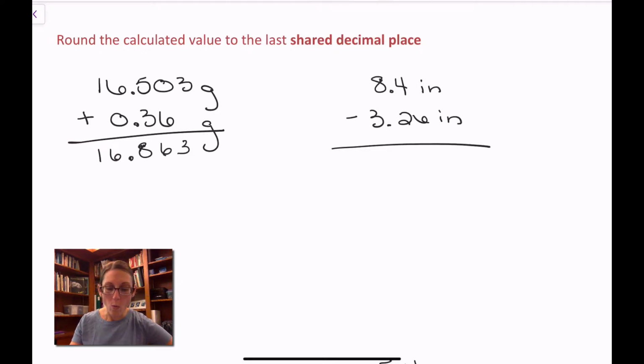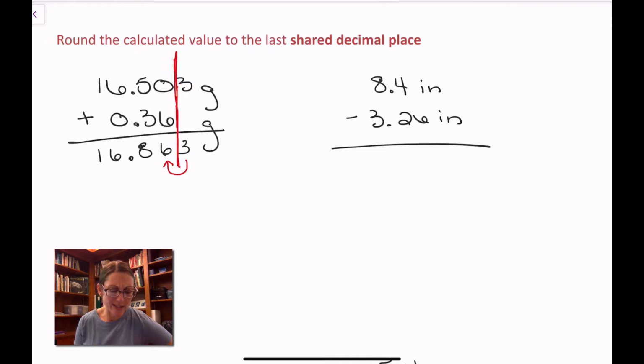However, one of those numbers only extended out to the hundredths place, which means that the last shared decimal place is the hundredths place, and that's where I have to stop my value.